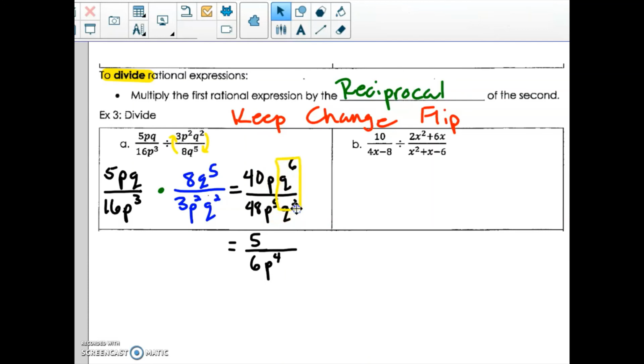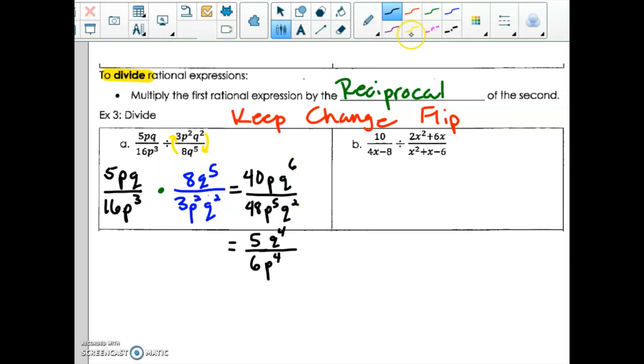Here with the q's, we'll have q to the fourth because 6 minus 2 is 4, and there's more q's on the top of the problem than there are on the bottom, so that's where the answer goes. So our final division answer, our quotient, is 5q to the fourth over 6p to the fourth.